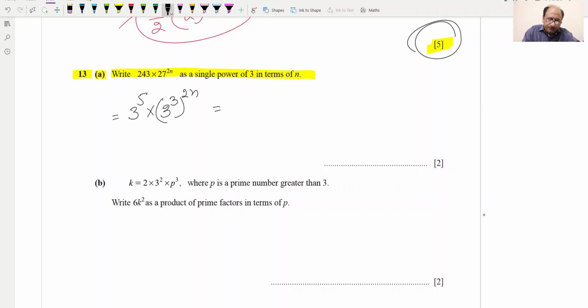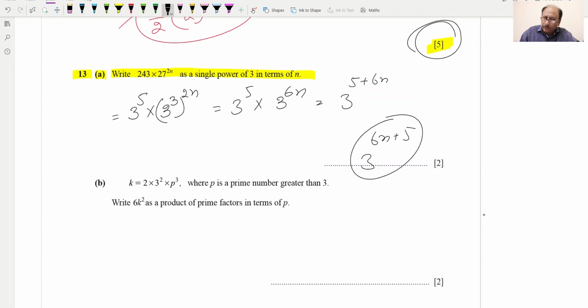Now we can open these brackets, so it will be 3^5 into 3 raised to the power, these two will be multiplied, so it will be 6n. When bases are the same and are being multiplied, their powers will be added. So 3 raised to the power 5 plus 6n, or we can write 3 raised to the power 6n plus 5. It's the same thing, and this is a 2 mark question, which we have done.